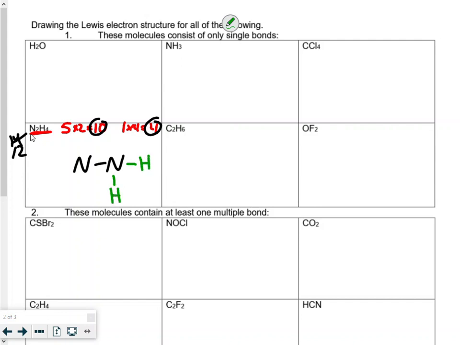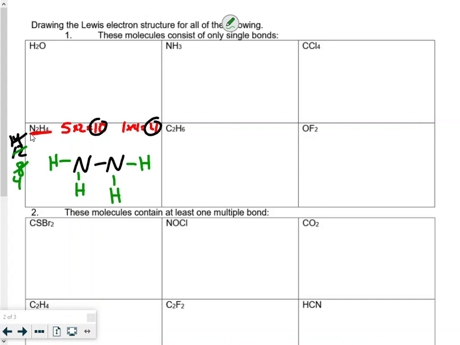Put 1, 2 on that nitrogen, so now I'm down to 8. Put 1 here, 1 here, now I'm down to 4. Okay, so when you see that where there's that even number of hydrogen, they usually equally distribute to both central atoms. Okay, now we're not done though.